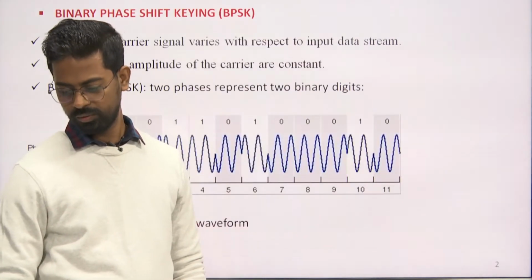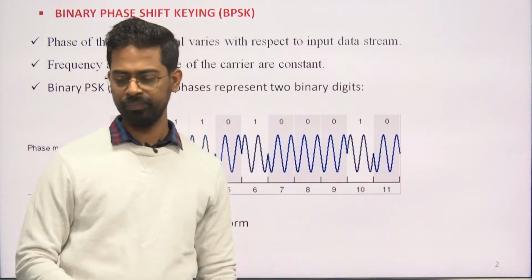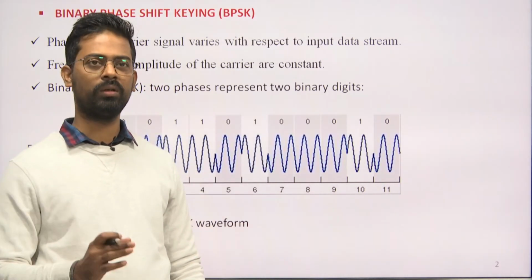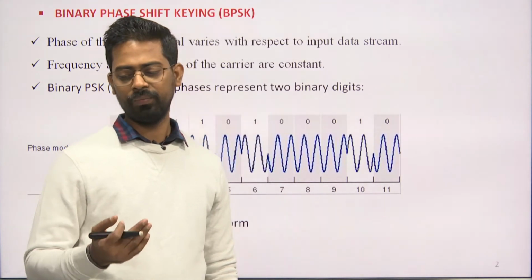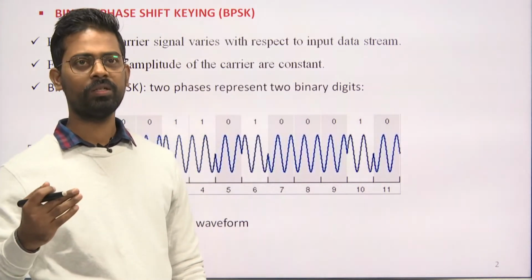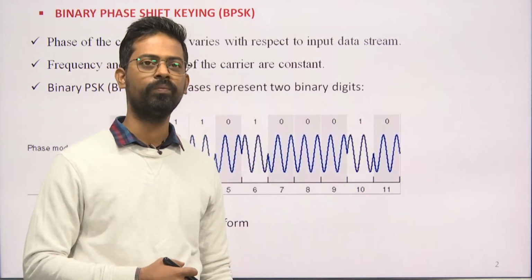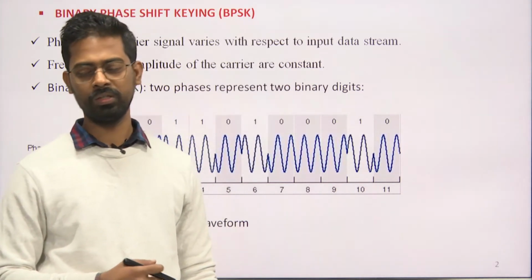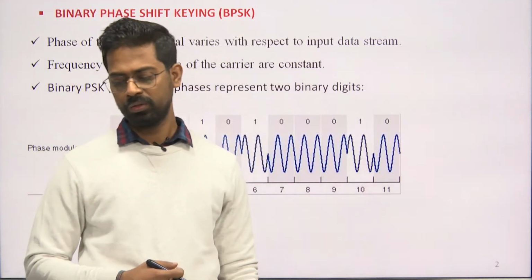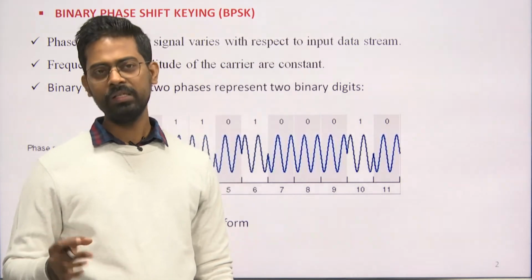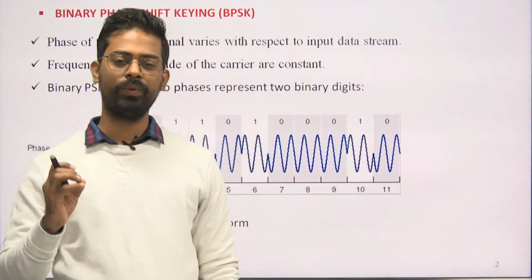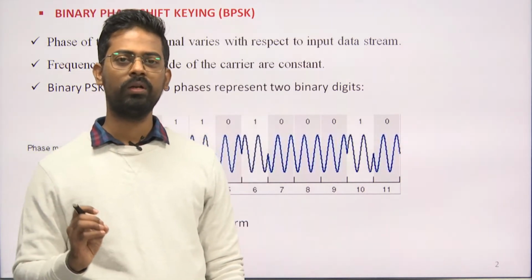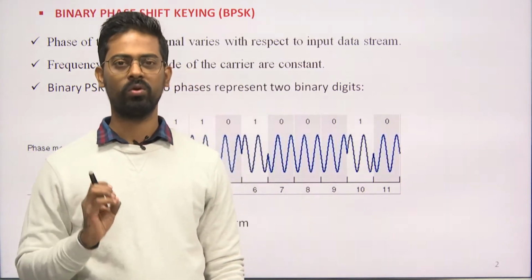So now we will see the phase of the carrier signal, that is, the phase of the carrier varies with respect to the input data stream or digital data bit. While changing the phase of the carrier signal, the frequency and amplitude are kept constant.